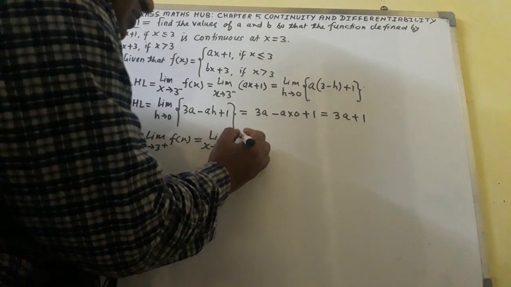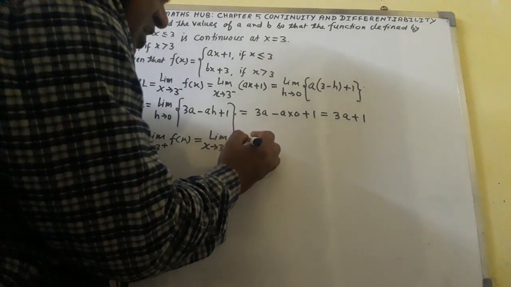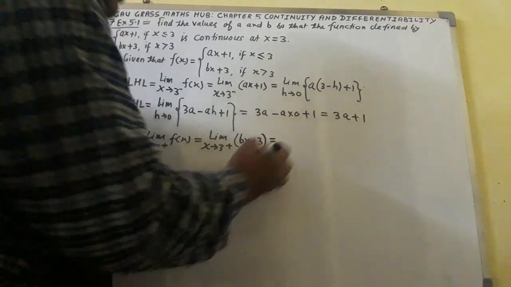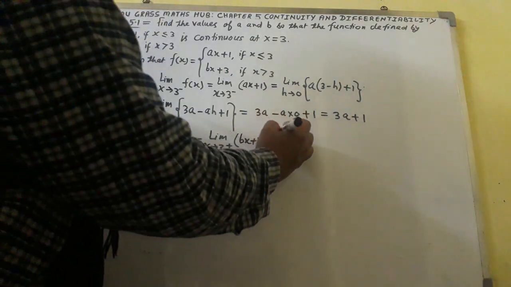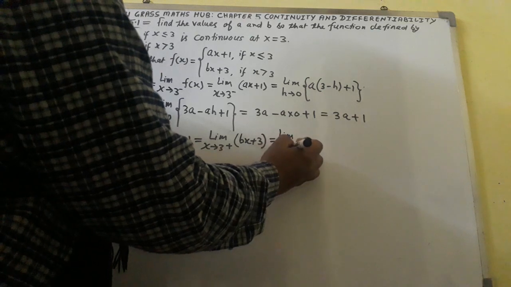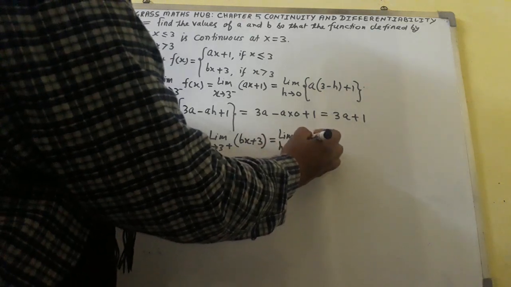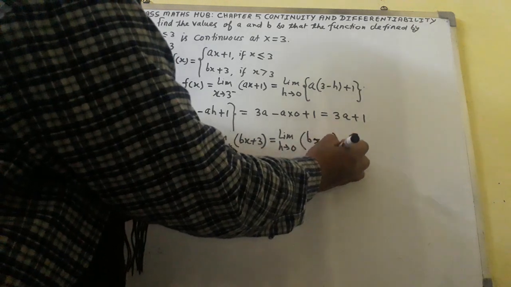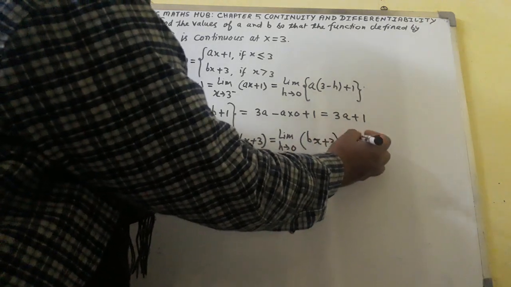So here write bx plus 3 equal to lim h tends 0 bx plus 3.